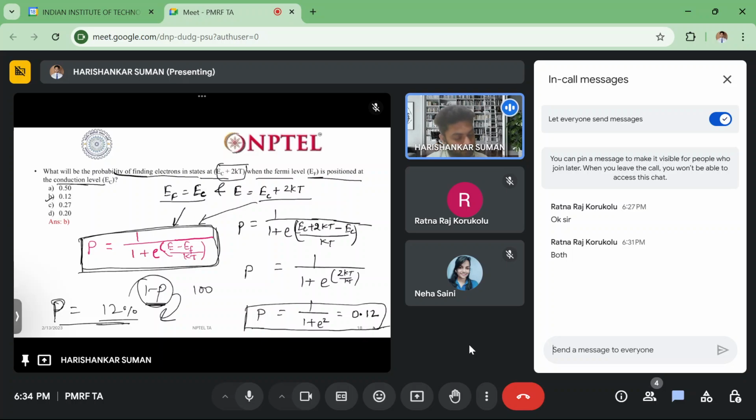Hundred minus 12 in percentage terms: 88 percent not finding.